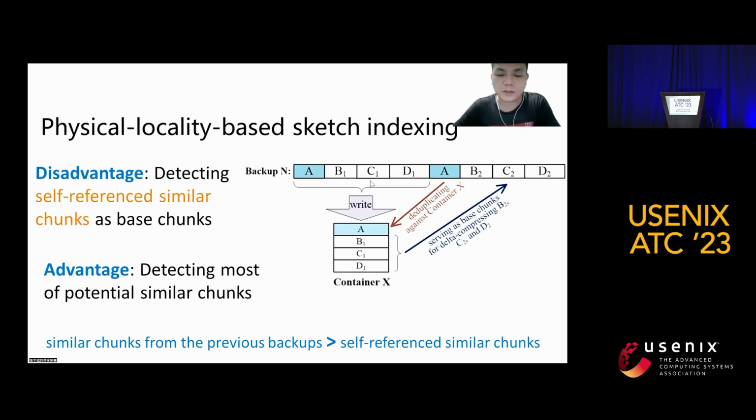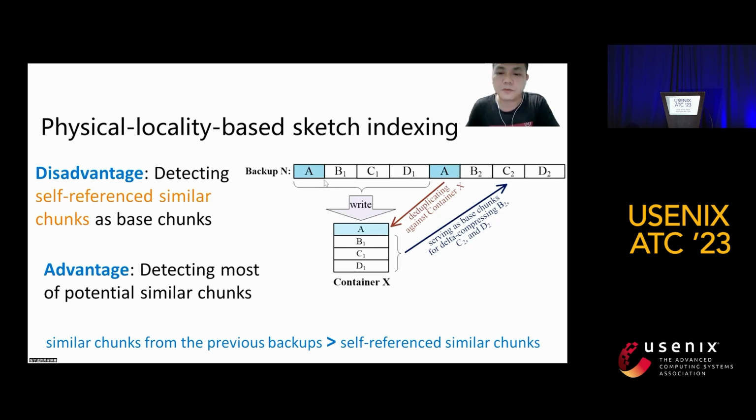We provide an example to illustrate how this problem may arise. Backup N includes 8 data chunks, with chunk A appearing twice. B1, C1, and D1 are similar to B2, C2, and D2 respectively, so they are considered self-referenced similar chunks.